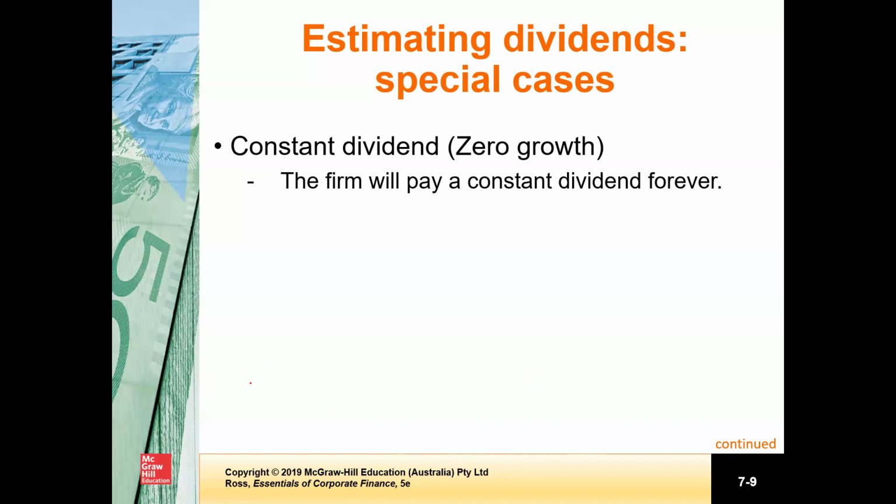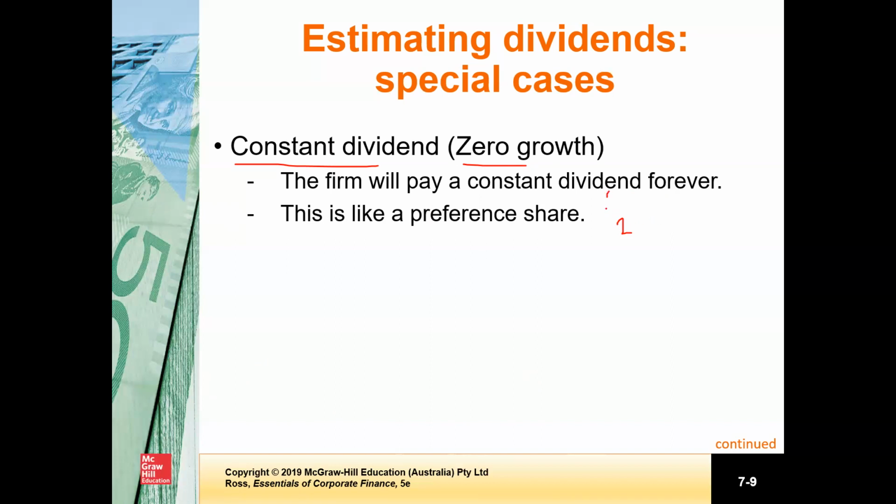When we are talking about constant dividend or zero growth, we expect that the dividend will be constant. For example, if last year's dividend was $2, it will remain the same forever. That means a company pays the same dividend forever.